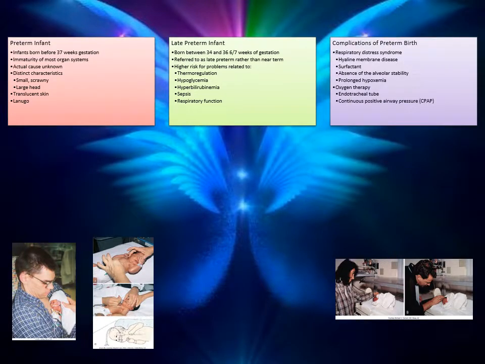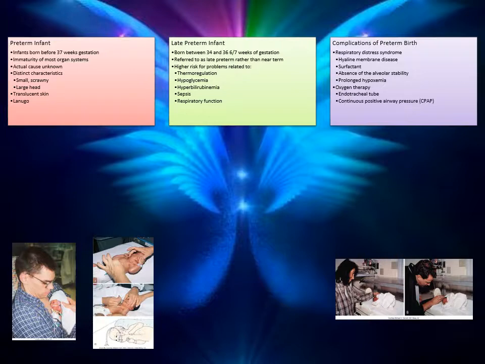Some of the complications of preterm birth are respiratory distress syndrome, and they're going to need oxygen therapy. So the respiratory distress syndrome could be hyaline membrane disease due to the absence of surfactant, due to the absence of alveolar stability, or prolonged hypoxemia.